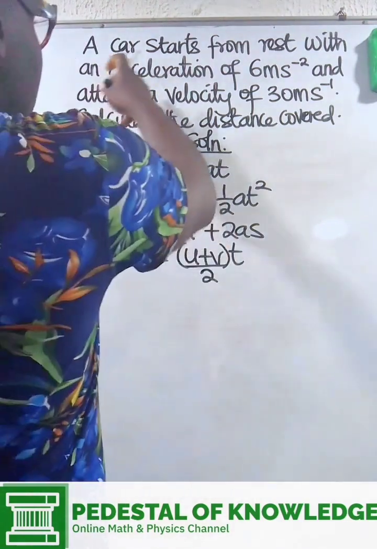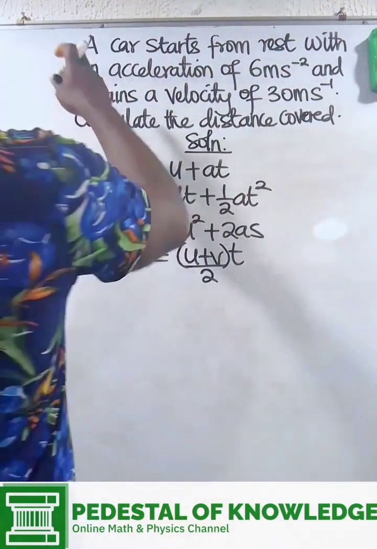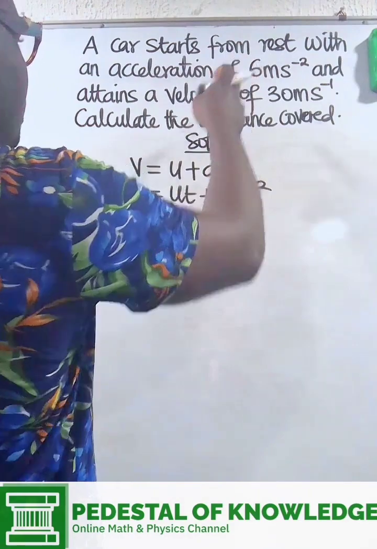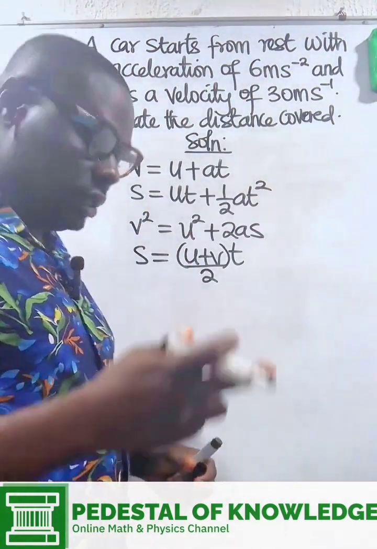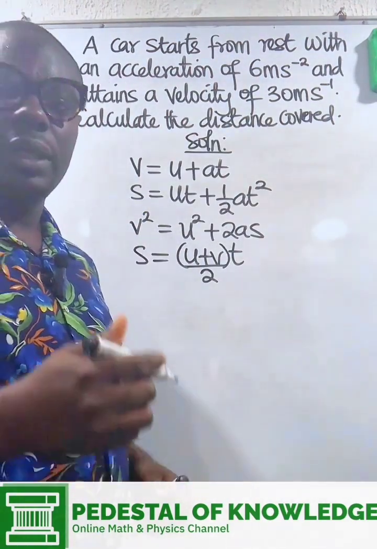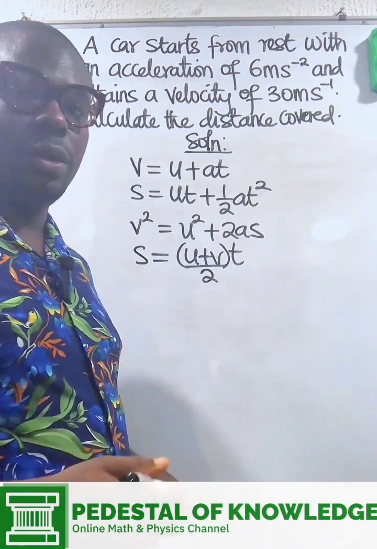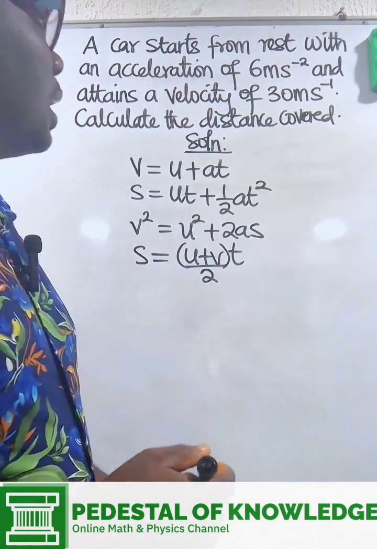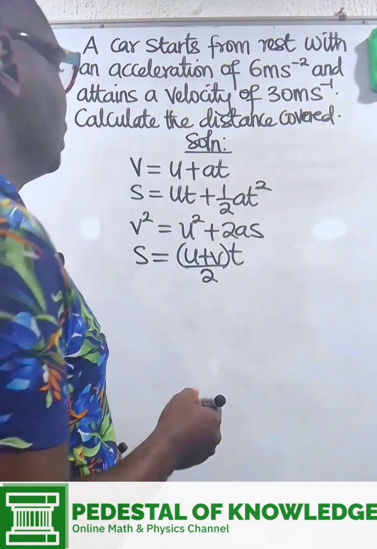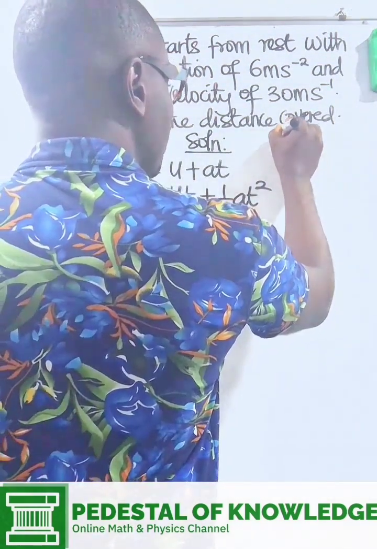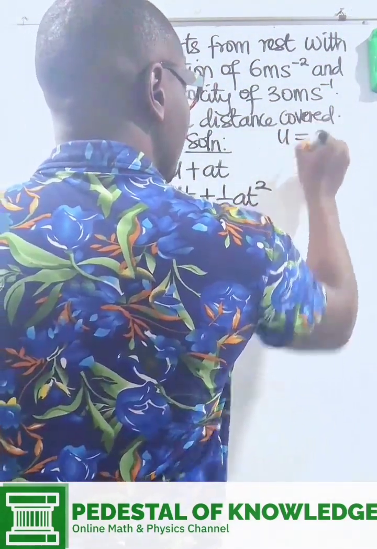Now, if you look at the question, it says a car starts from rest. Since the car starts from rest, its initial velocity is equal to 0. All bodies at rest have 0 velocity. So that means that the initial velocity U is equal to 0.